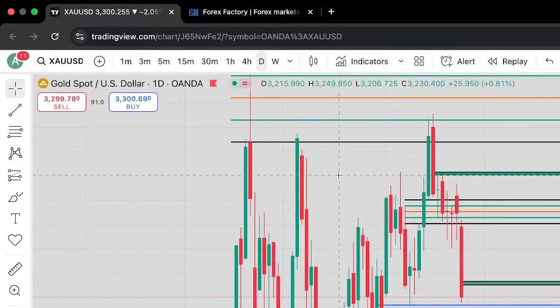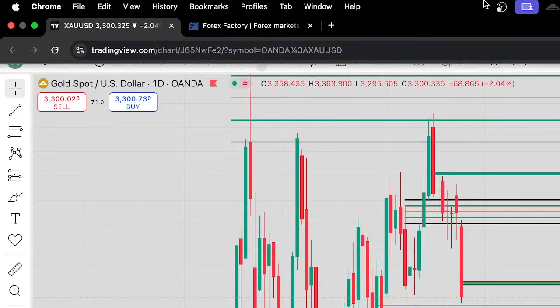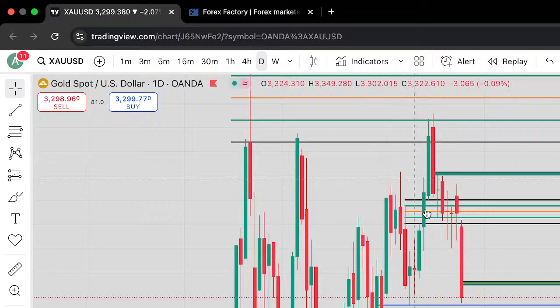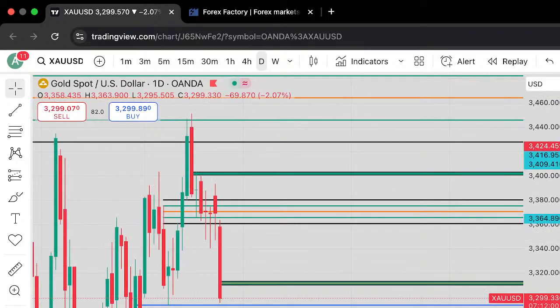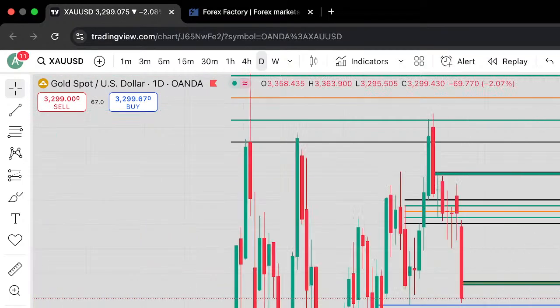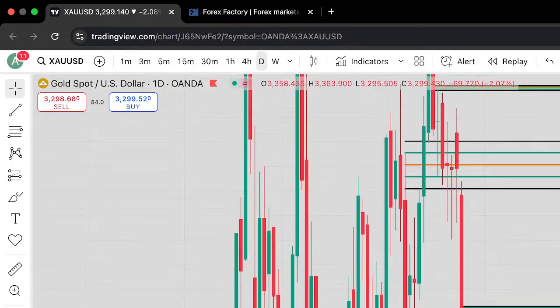Hi there. This is gold, and my point for today's trading is that I'm just looking for sells on gold. Previously, I was looking at my level, this 3,200, it's 86, I guess.